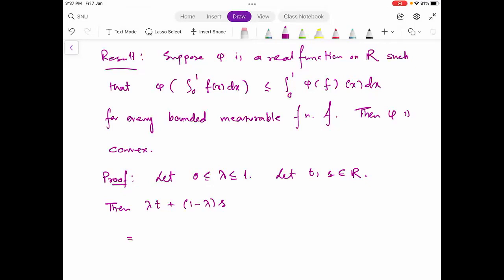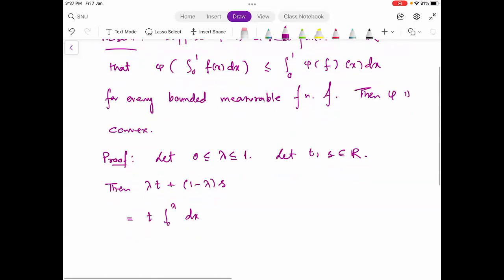Now the trick is I write this as t times the integral from 0 to lambda dx, that's just lambda, plus s times the integral from lambda to 1 dx.